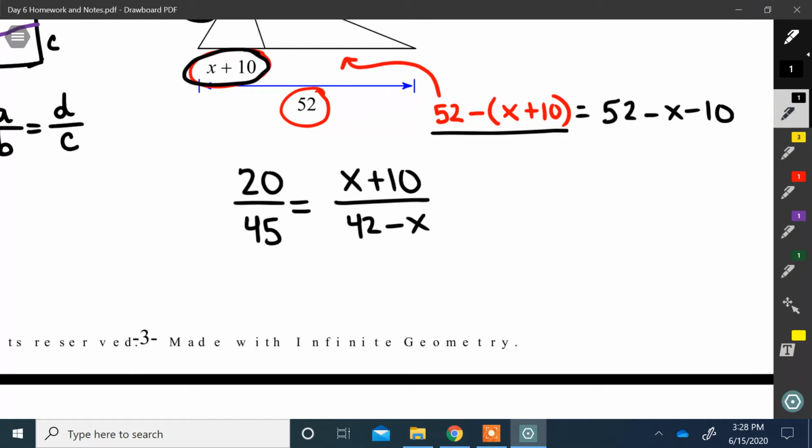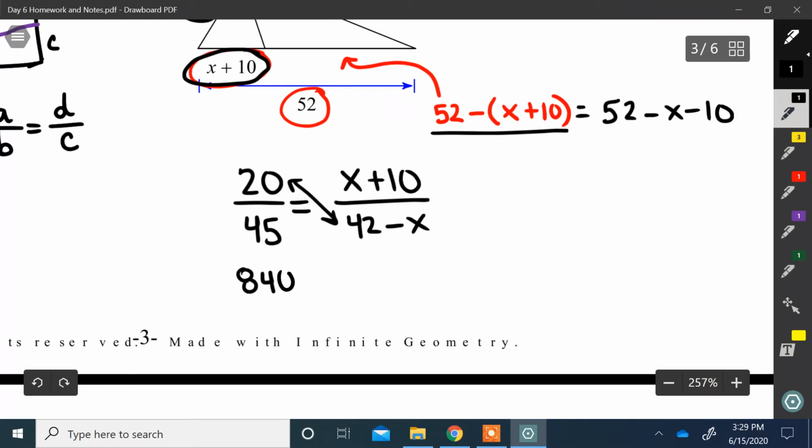Let's go ahead and cross multiply now. When you cross multiply, you get 20 times 42. I don't know why my calculator sometimes is just weird. Okay, there you go.